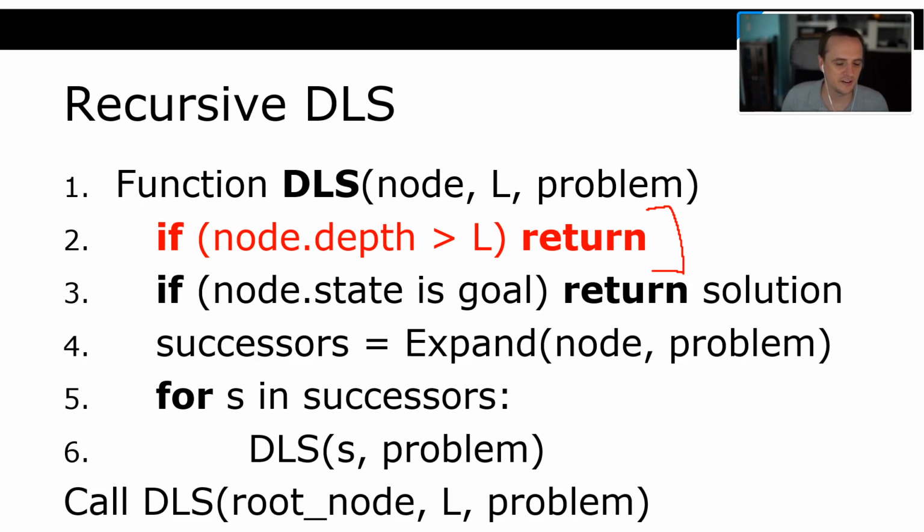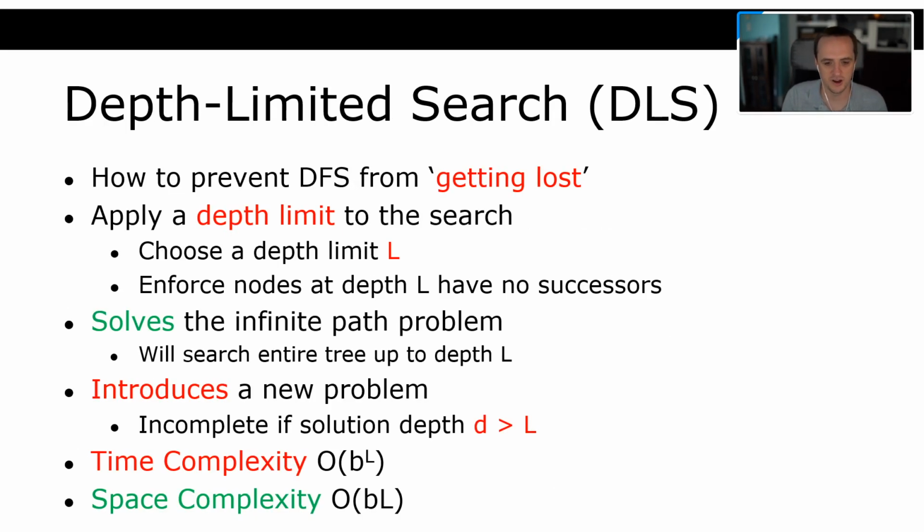But who in the chat can tell me what the problem with this is? Oh, never mind. I just told you what the problem is. The problem is that we don't find a solution if the depth is greater than the limit that we've set, right? So how do we choose the limit so that we know we will find a solution no matter what depth it's at?